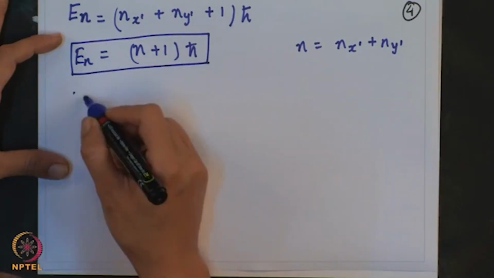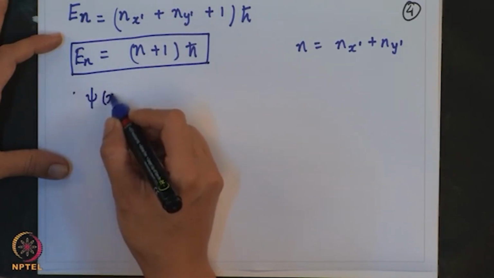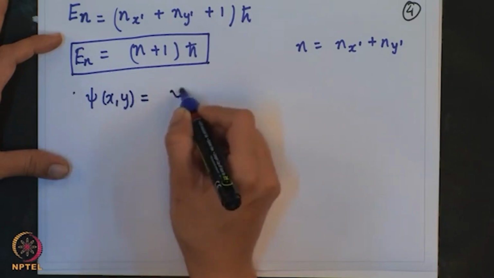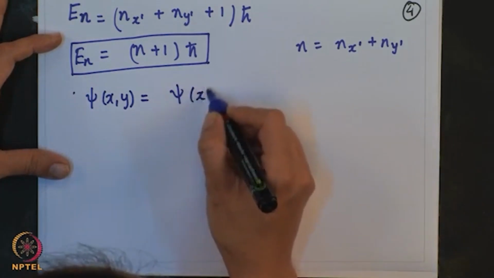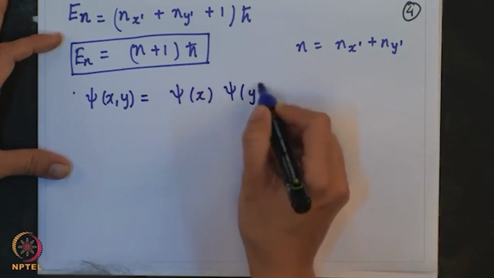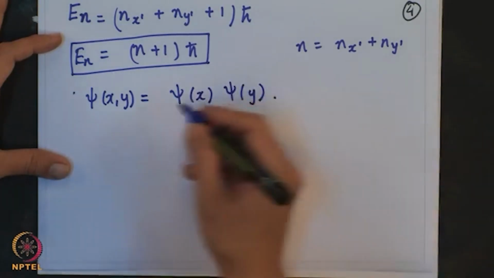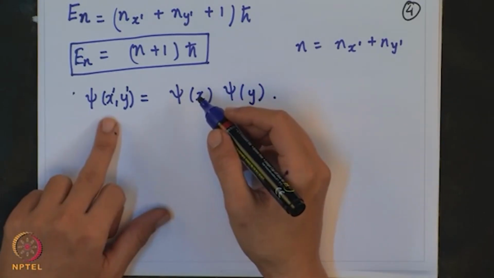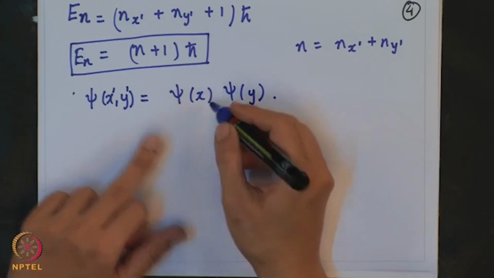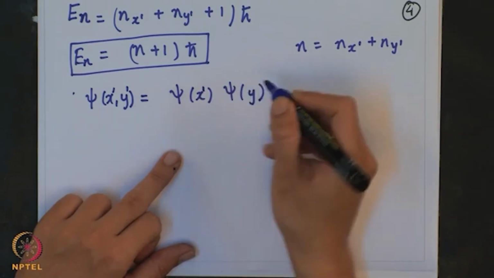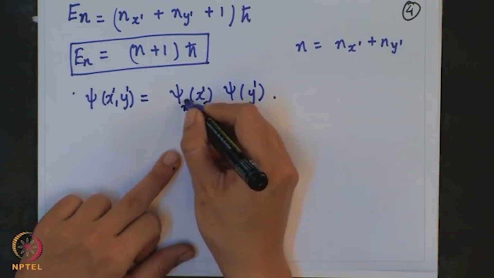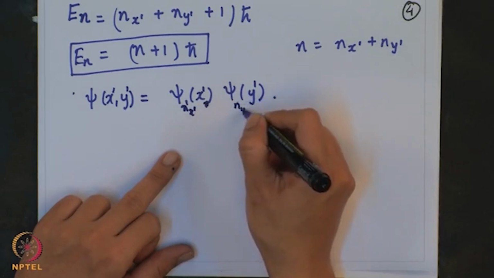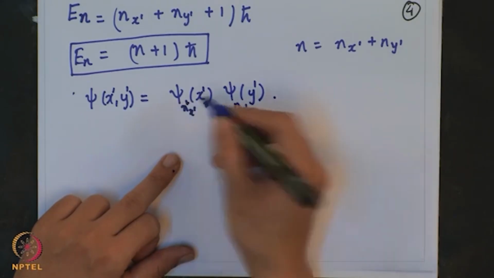And the total wave function is ψ(x, y). We have changed the coordinates, so this would be ψ of x' y' with n_x' and n_y'.